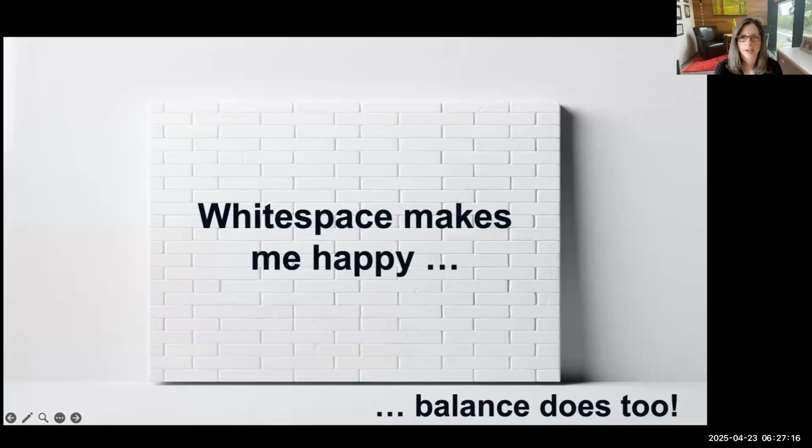White space makes the audience happy, and so does balance. It's really distracting if you see a title slide and one bullet at the top and nothing else, right? What happens is if you look at the way that reads when it's projected out to the audience, you're not using the real estate on the slide.